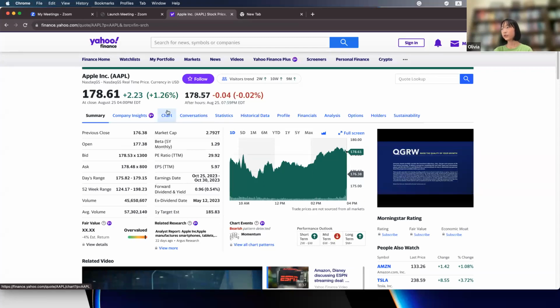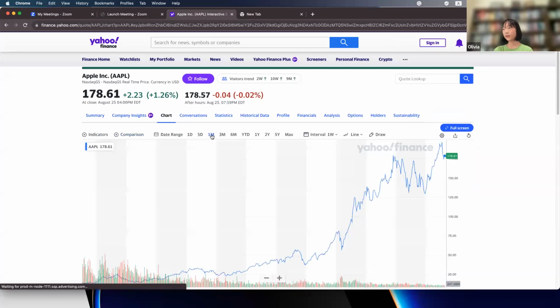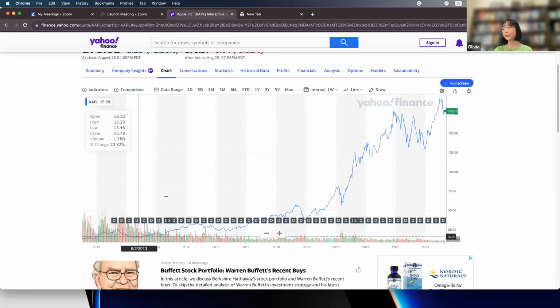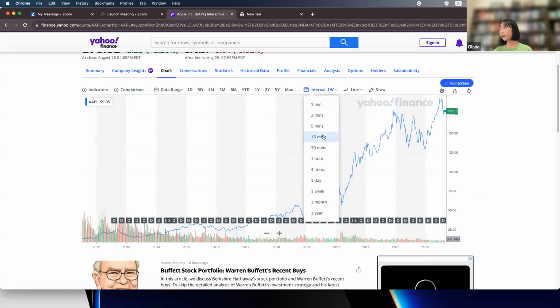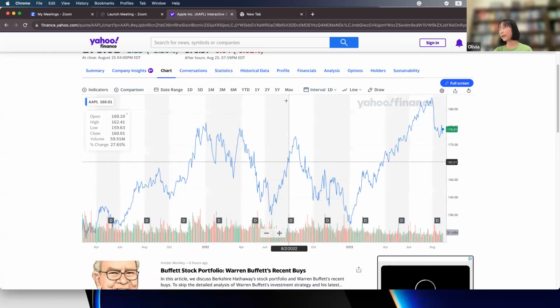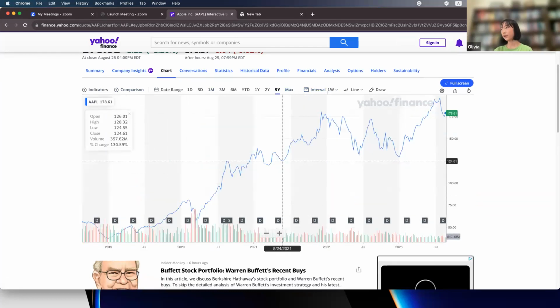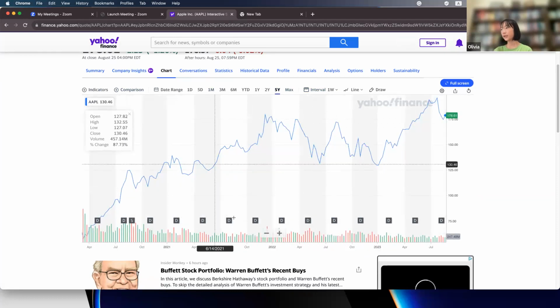So you can go to chart here, and it will show this chart right now of Apple. As you can see here, you can change the intervals. So here I'll make the interval 1 day. And you can see here's a line chart.